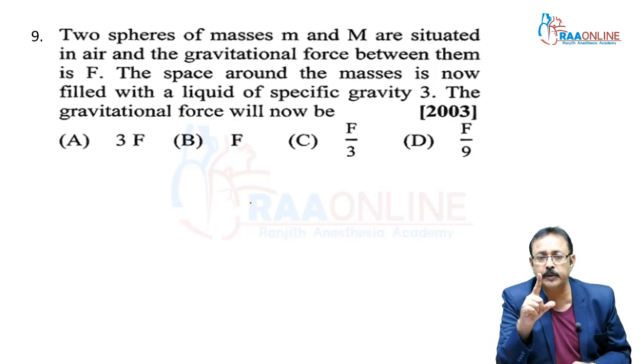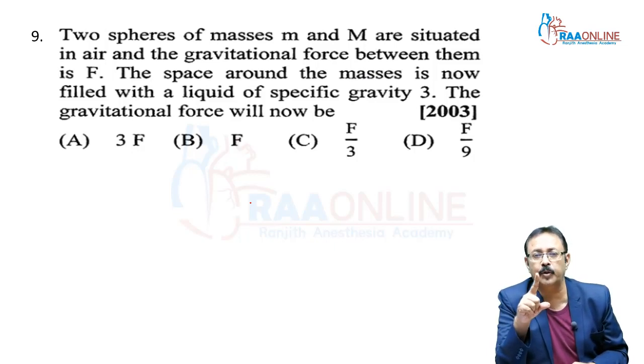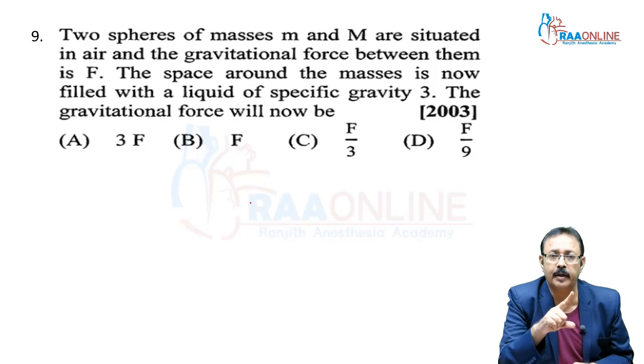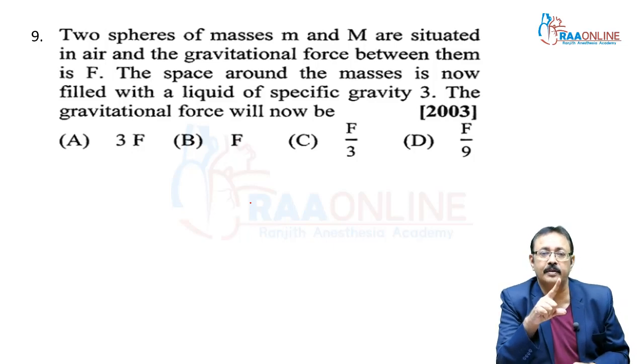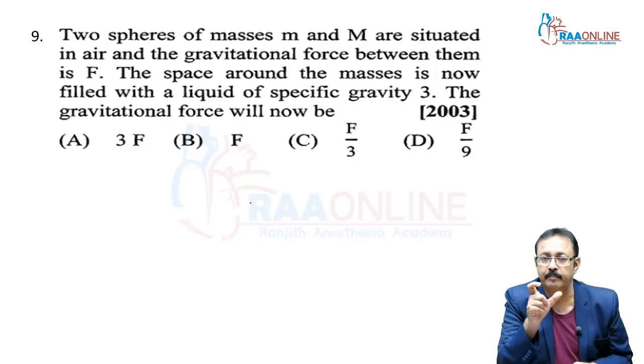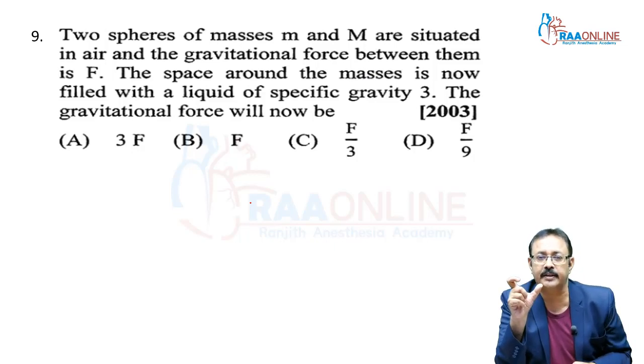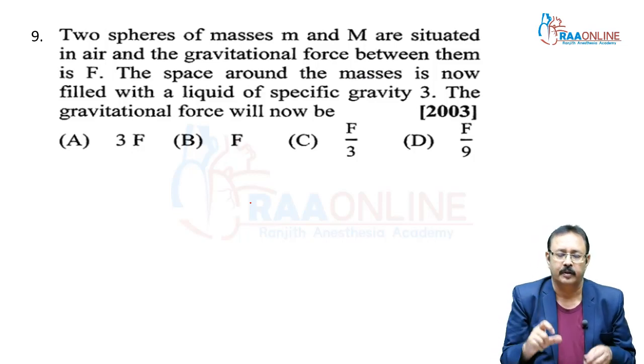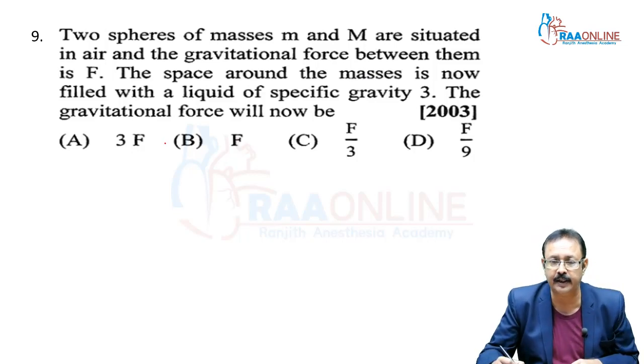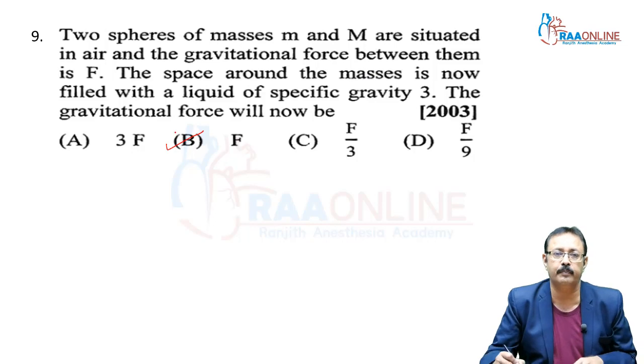If there is no free space, mu naught becomes mu, epsilon naught becomes epsilon, because in that case the medium matters. But in Newton's law of gravitation, there is no role of medium. So this force will be unchanged. So we are going with B.